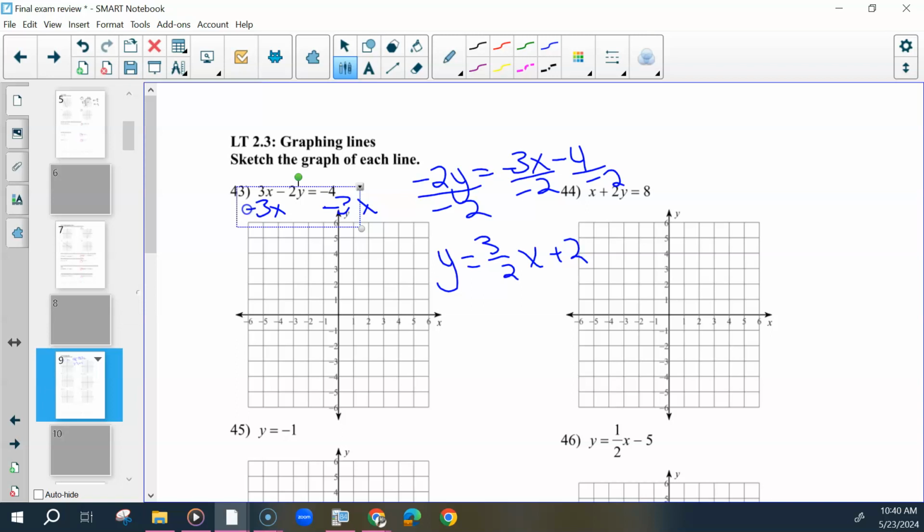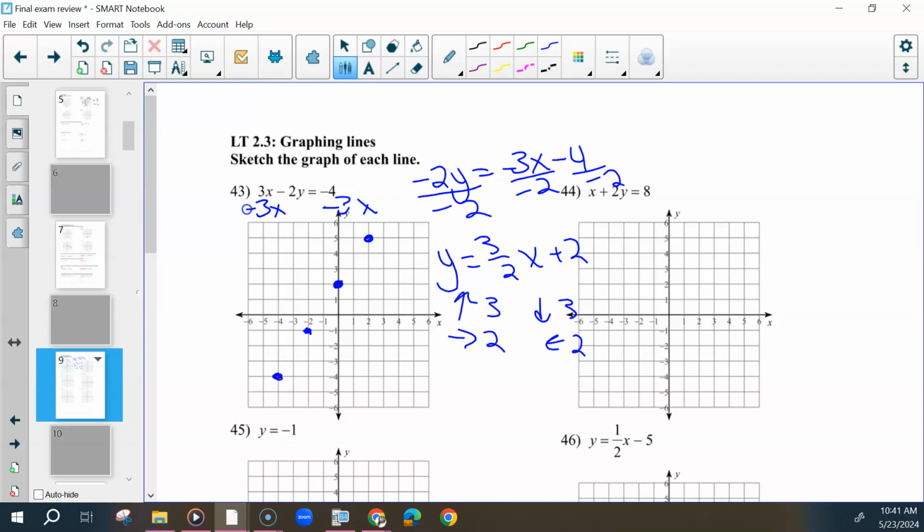Graph your y-intercept first, whatever the number is by itself. Use this as your slope. You can go up 3 to the right 2, or the opposite, down 3 and left 2. Do that as many times as you can.